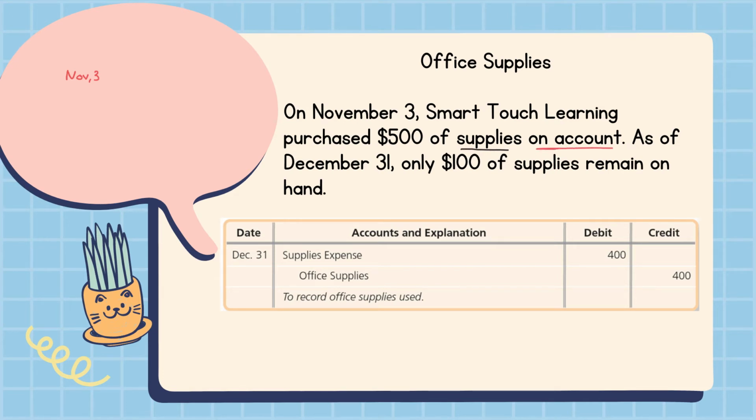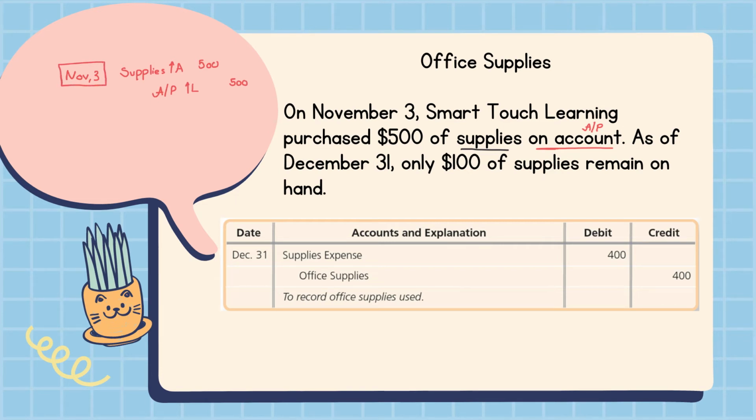On account means it's accounts payable. Okay, so supplies has increased, so you're gonna debit supplies because it's an asset and it increases on the debit side, and accounts payable also increase on the credit side because it's a liability account, and the amount is 500. This is the journal entry on November 3rd.